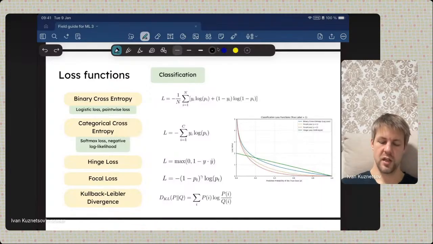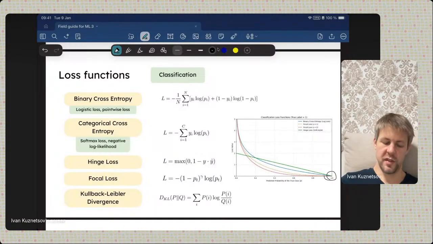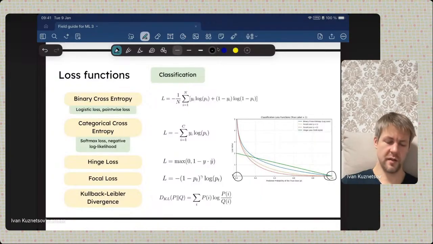So for classification, if we guessed correctly, we want loss to be as small as possible. But if we guessed incorrectly, the closer we get with our probability to, for example, the incorrect guess, the bigger we want our loss to be. So the main and the most widely used function is binary cross entropy.